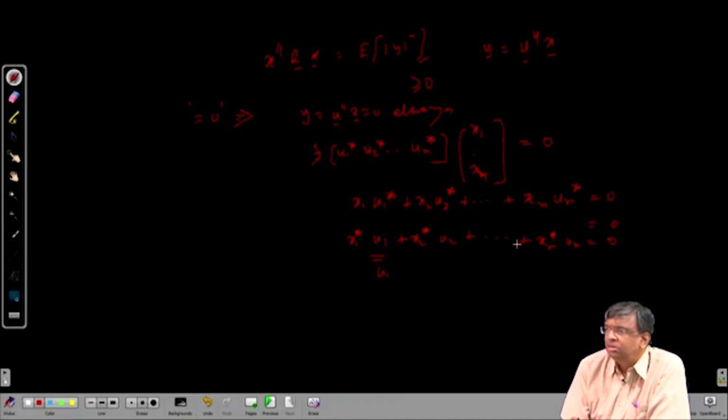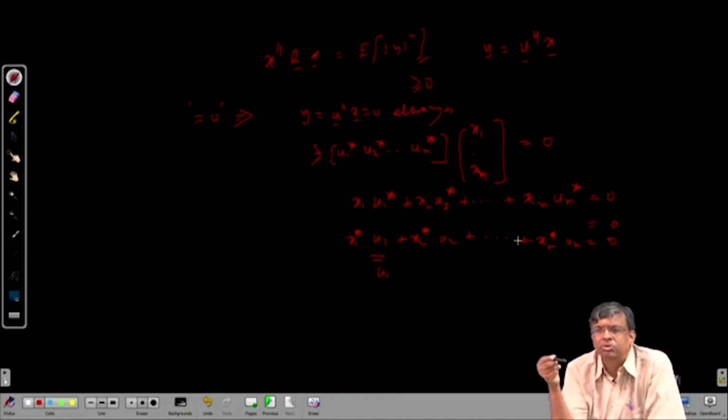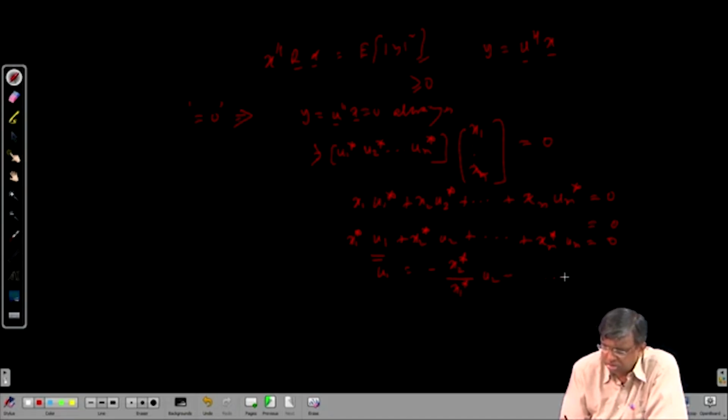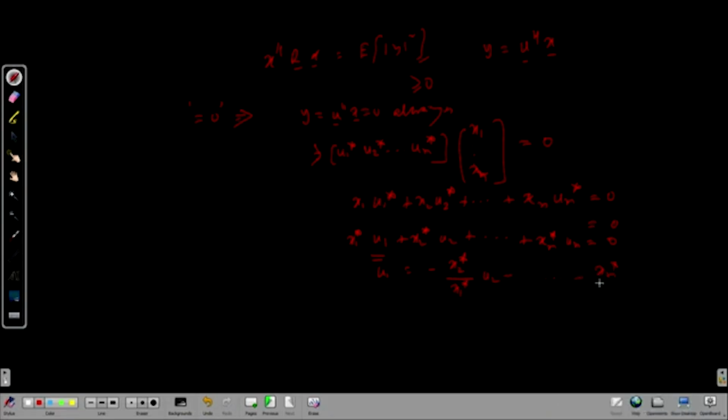So one random variable at least will be a linear combination of the remaining ones, or part of the remaining ones. But that does not happen in practice usually. If I keep u1 here and suppose all are non-zero, this is non-zero, so it can go in the bottom.